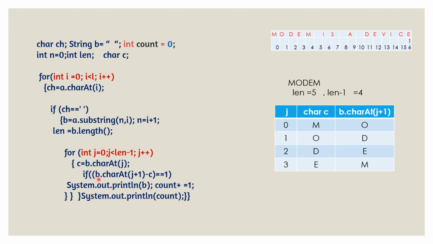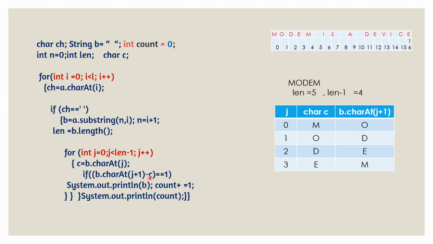And now, b character at j plus 1. If j is 0, then j plus 1 will be 1. If j is 1, j plus 1 will be 2. If j is 2, j plus 1 will be 3, like that. So take the character in that position, that means the next character. One by one we are extracting the characters, and the next character we are taking for checking.